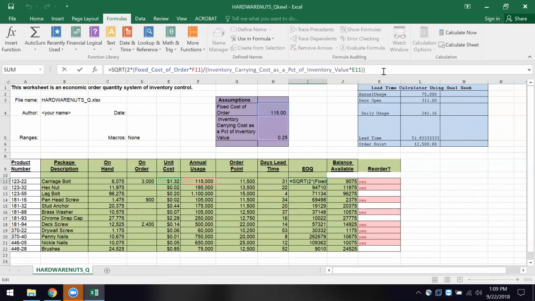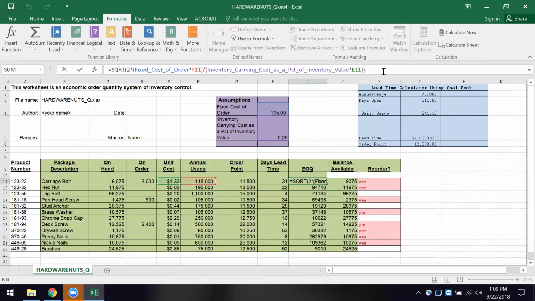The equation for the EOQ is the square root of 2 times the fixed cost of an order, over F11. And if you look at F11, that's the annual usage, okay?